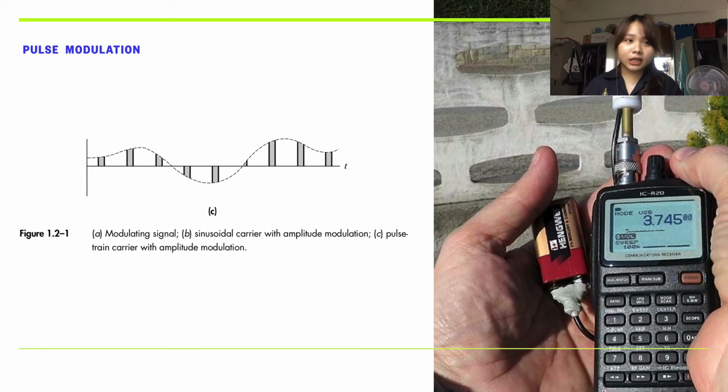Sampling is an important signal processing technique and, subject to certain conditions, it's possible to reconstruct an entire waveform from periodic samples. But pulse modulation by itself doesn't produce the frequency translation needed for efficient signal transmission.